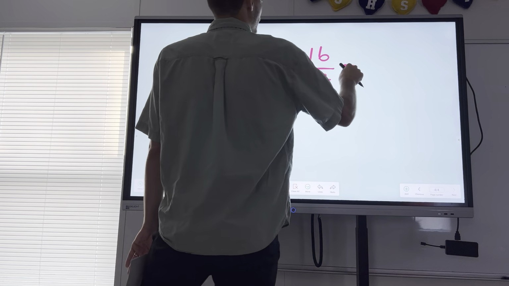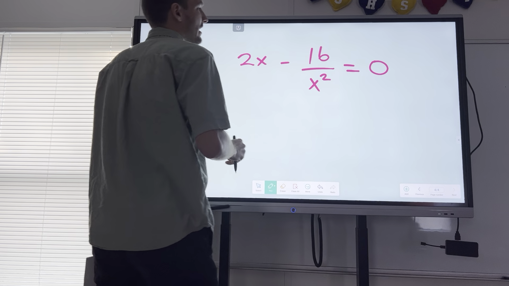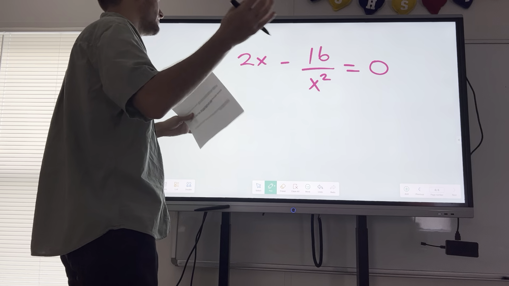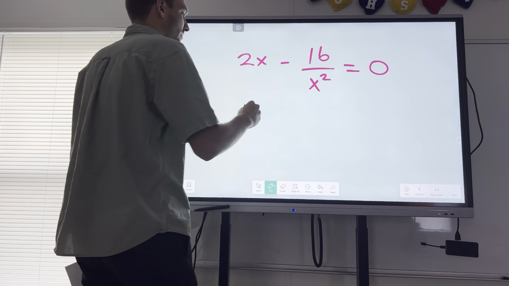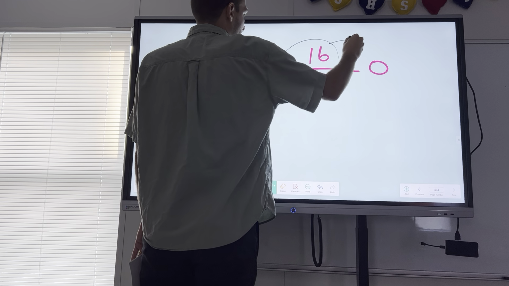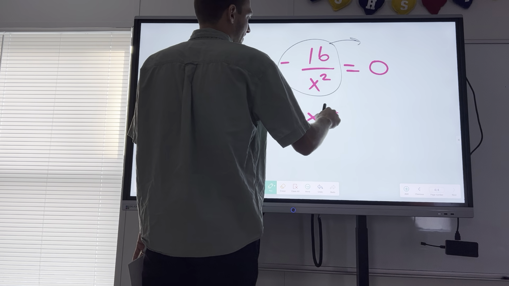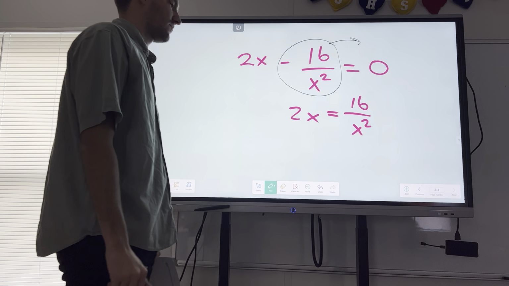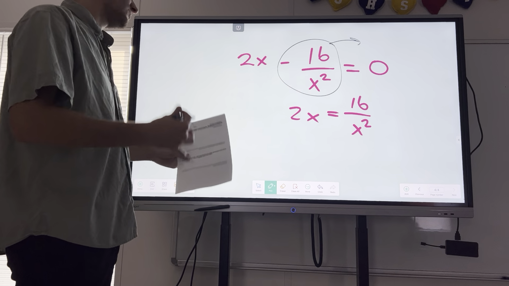Since this is equal to 0, let's just move one of those to the other side and just do some multiplying and not stress about it. So I'm going to go ahead and add this to the other side. So I'm going to get 2x equals 16 over x squared. How do I get that x squared out of the bottom?